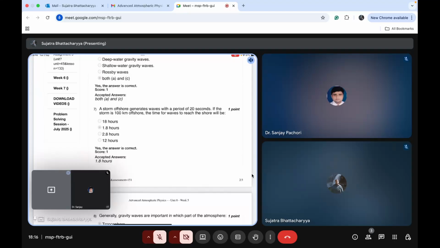Okay. So now it has been asked here, a storm offshore generates waves with a period of 20 seconds. So the time period is given. If the storm is 100 kilometers offshore, the time for waves to reach the shore will be... Actually, if you see the waves, the energy of the waves creates most of the disturbances.